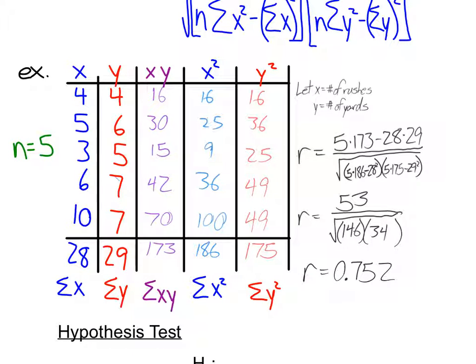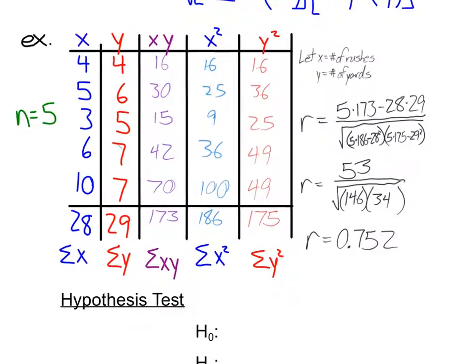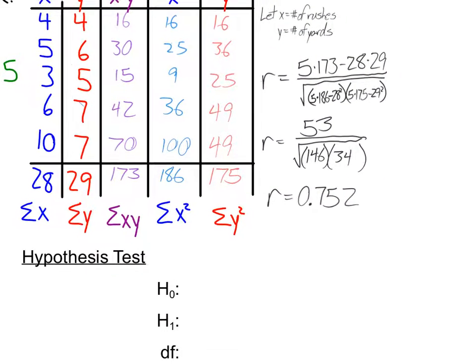Now, here's where our hypothesis test comes in, okay? We were talking about the number of rushes and the number of yards. So what would our null hypothesis for this be? They don't have a correlation.